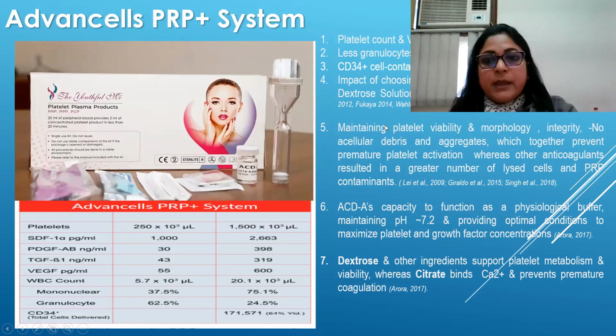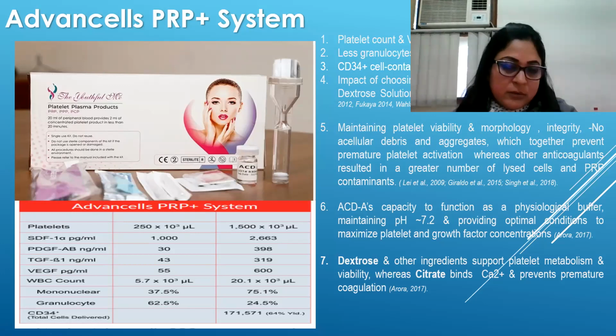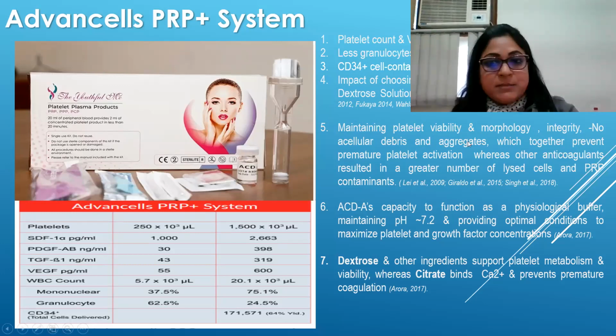kit. And we are using acid citrate dextrose solution. Why? As an anticoagulant it is the gold standard, but the mechanism is that it maintains the pH at 7.2, and also maintains the morphology of the platelet and the viability, all intact.